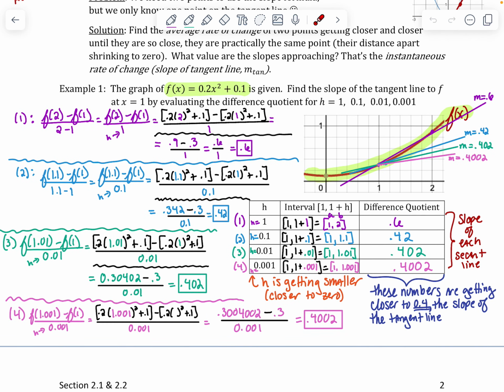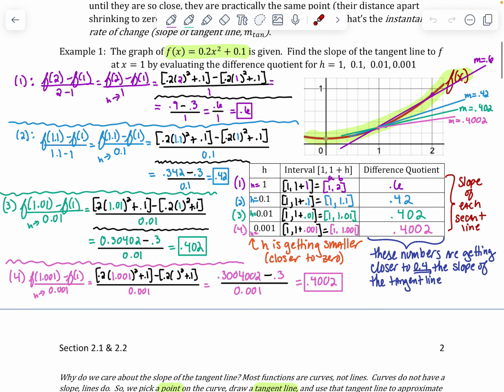Now the numbers listed, the difference quotient, are the slope of every single secant line, but here's what we want to look at. These numbers are all getting much closer to 0.4. So the smaller that h gets, 0.000001, we're going to find out that the slope of our tangent line is approximately 0.4.